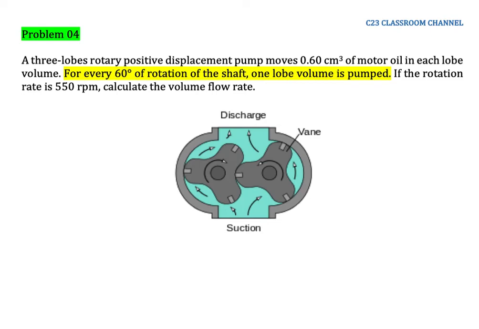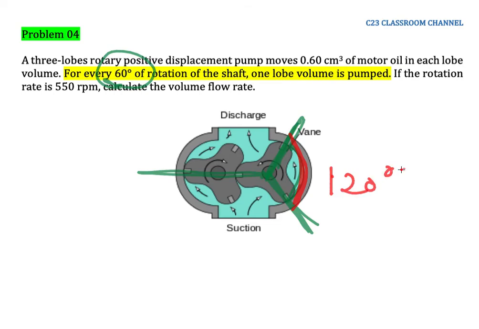What I hope you could understand here is about every 60 degrees of rotation of the shaft. Here we have a situation like this one. It is a 3 lobes pump, and 360 divided by 3, so the angle here is 120.